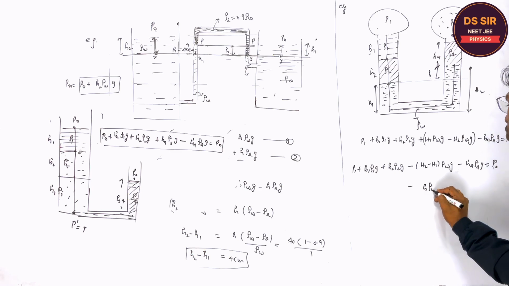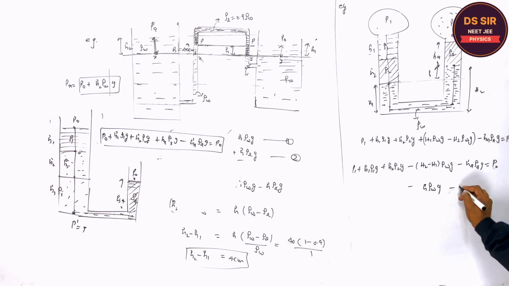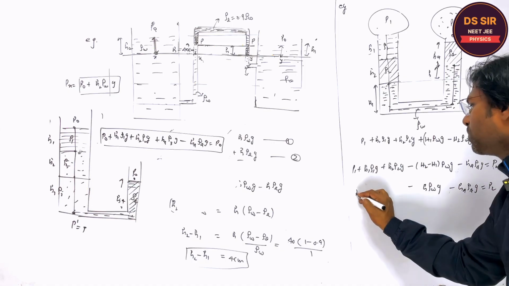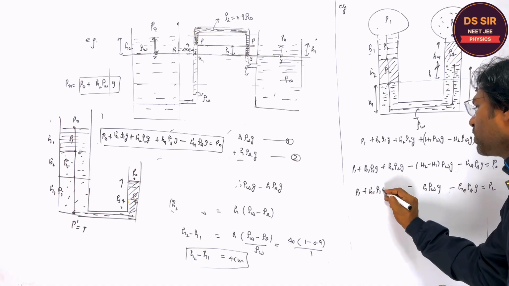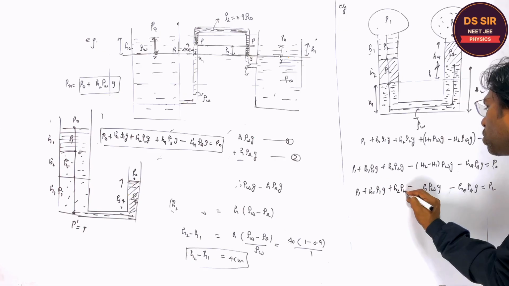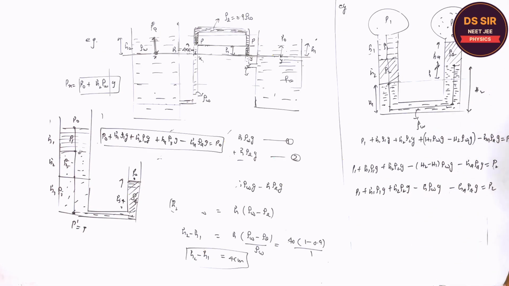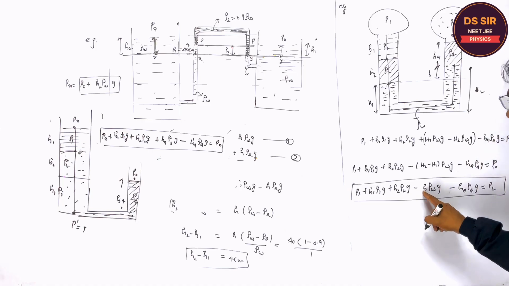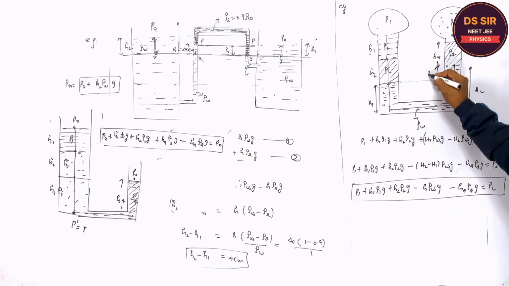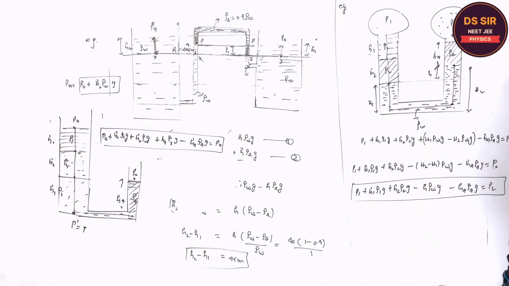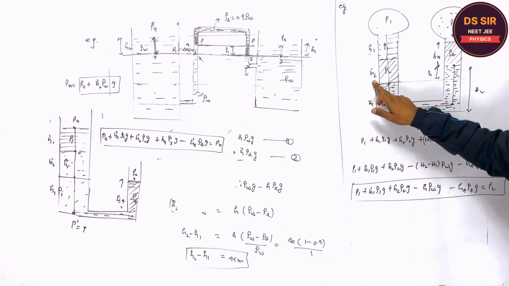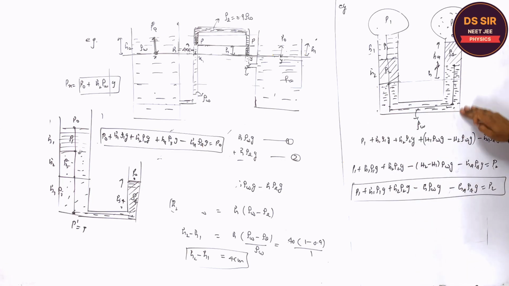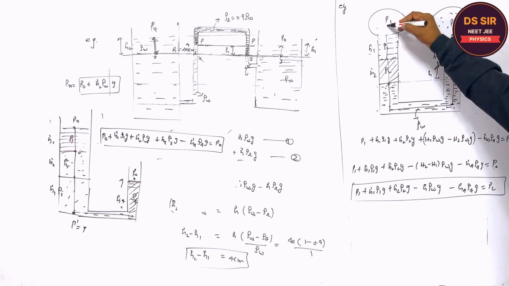So P1 plus H1 rho 1 G plus H2 rho 2 G minus H rho water G minus H4 rho 4 G is equal to P2. Do you understand this equation or not? What is the small h? Small h is the difference between H2 and H1. So even if they have not given this value, please look at the board. So how to write the equation? Say P1.